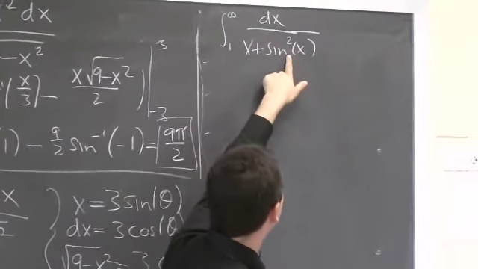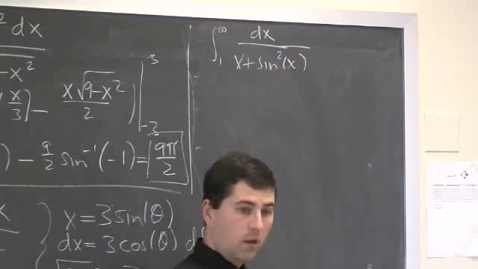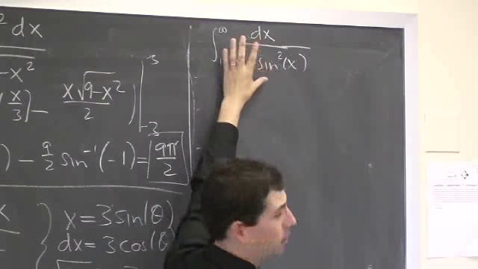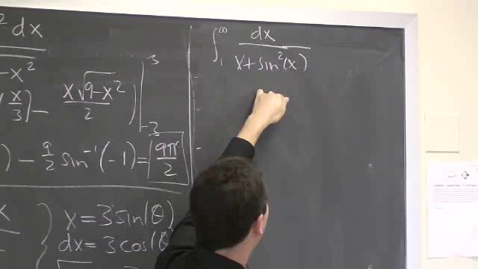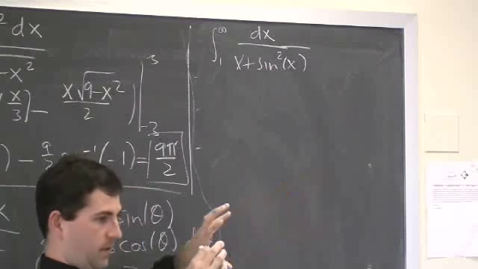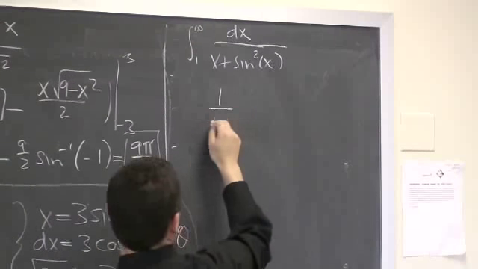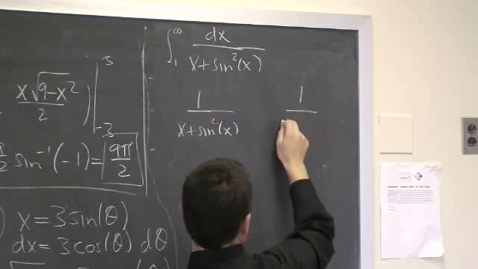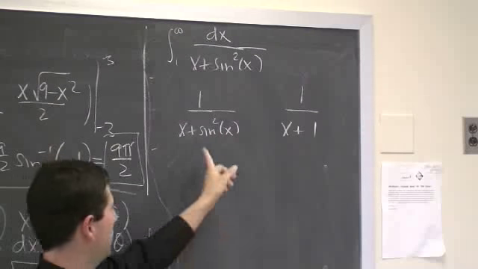Now, if I replace sine squared with the biggest that it gets, which is 1, then it will make the denominator bigger, which will make the fraction smaller. Okay, so that's a way I could compare it to something. How do I compare these two things: x plus sine squared x and 1 over x plus 1? Which one is bigger?